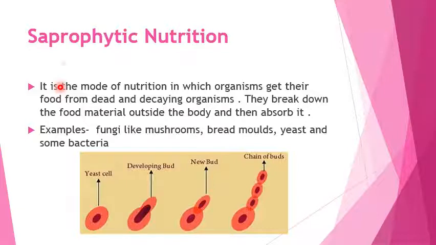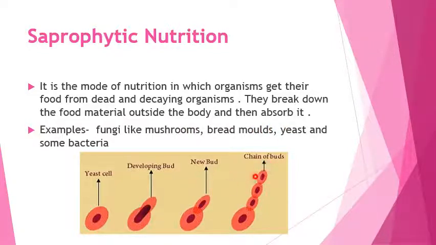First, we have saprophytic nutrition. It is a mode of nutrition in which organisms get their food from dead and decaying organisms. They break down the food material outside the body and then absorb it. Common examples are bacteria and fungi. Among the fungi, we have examples like mushrooms, bread molds, yeast.